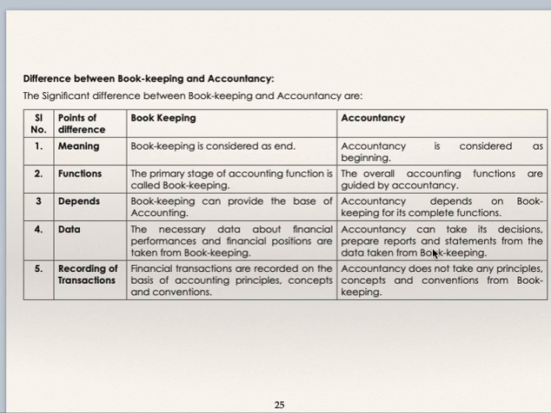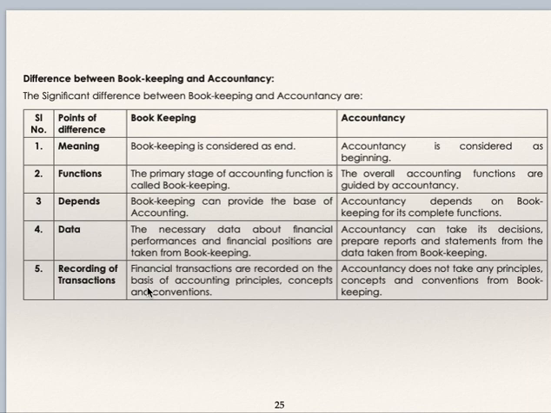Accountancy can take its decisions, prepare reports, statements from the data taken from bookkeeping. So, in short, data provided by bookkeeping is not sufficient for decision making, whereas various managerial decisions are based on data obtained from accounting.